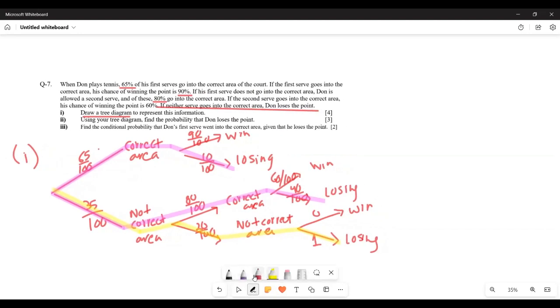So part 2 is going to be, first branch is 65 by 100 times 10 by 100 plus second branch is 35 by 100 times 20 by 100. ओ नहीं सॉरी, 35 by 100 पहले not correct, फिर correct और फिर lose. 35 by 100 times 80 by 100 times 40 by 100.